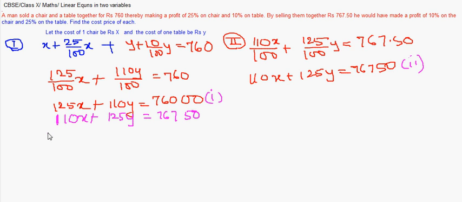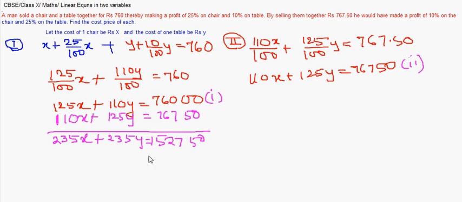Otherwise, what I am doing here is I'm adding these two equations. Thereby I'm getting 235x plus again 235y. Why did I do so? I can then take 235 common and reduce the whole equation. So this, if I add, will give me 152,750.